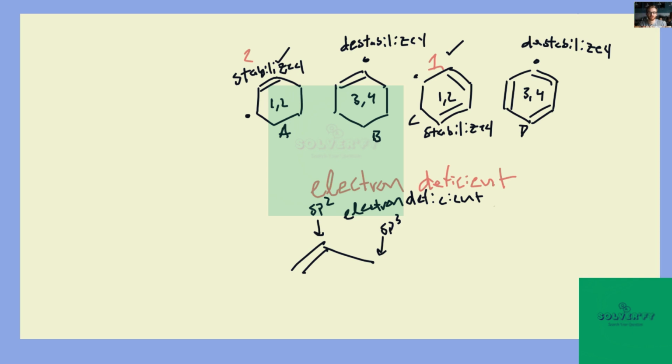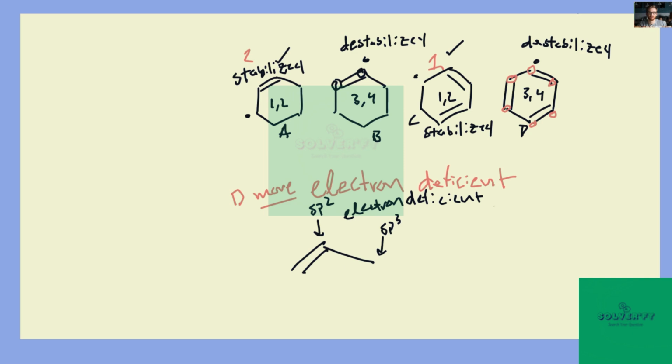So the way we can compare B and D is to say, well, in B, we have 2 sp2 electron deficient atoms, whereas in D, we have 2, 3, 4, 5, 6 electron deficient atoms. So which one is more electron deficient? D is more electron deficient.